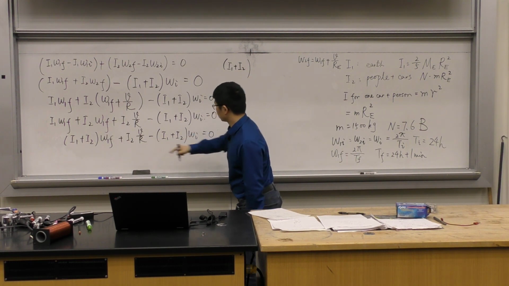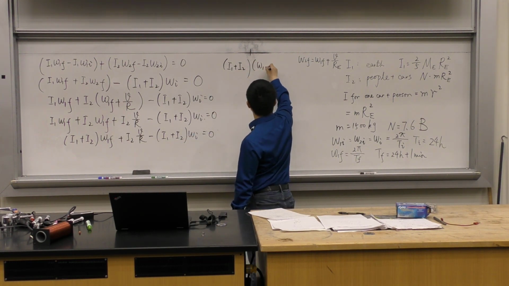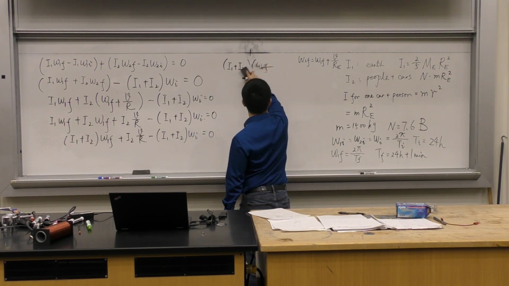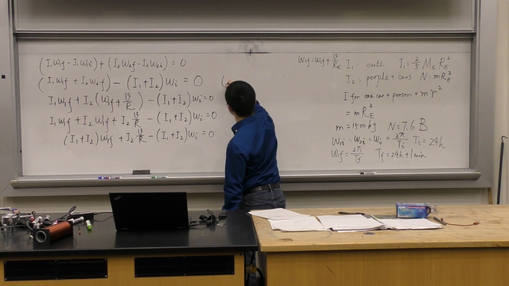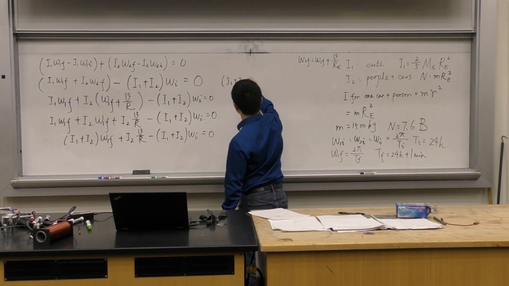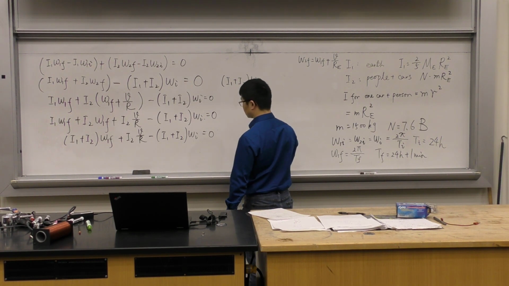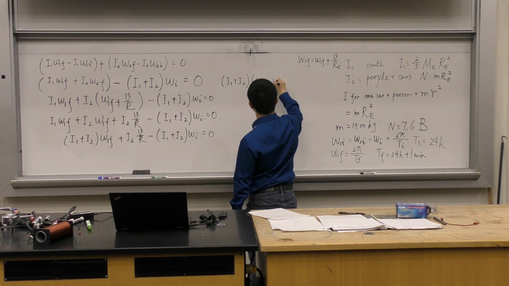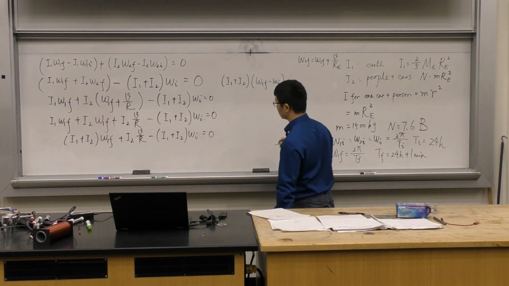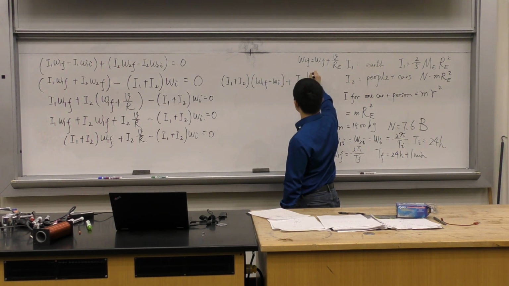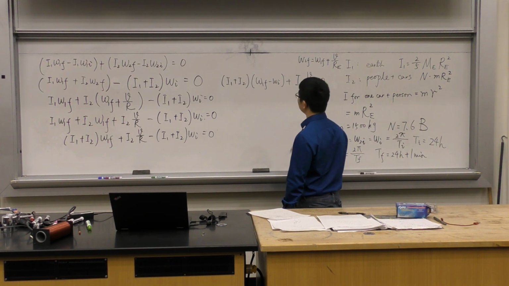You put these two terms together, you will get omega 1f minus omega i, plus I2 v over R equals 0.